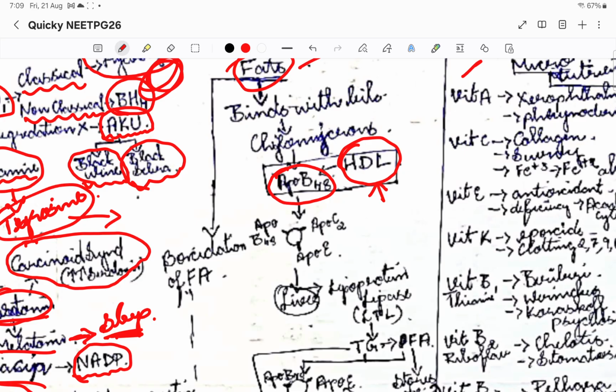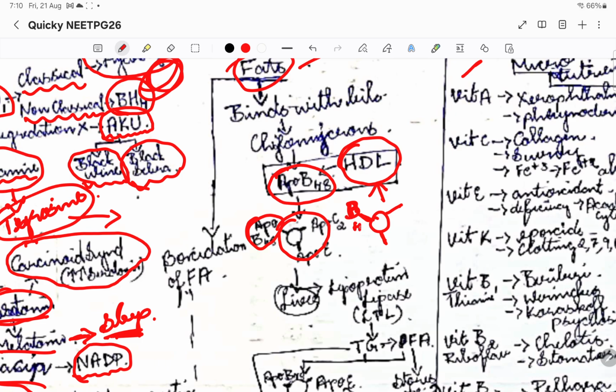Finally, this chylomicron will look something like this. The chylomicron will have ApoC2 and ApoE. All the chylomicrons will have ApoC2 and ApoE. HDL gave one more apolipoprotein called ApoB48.